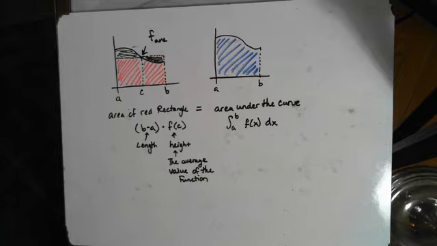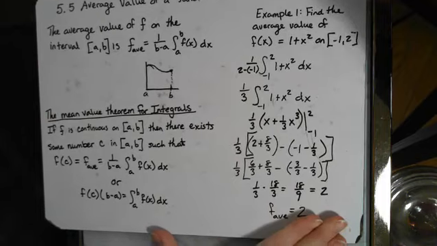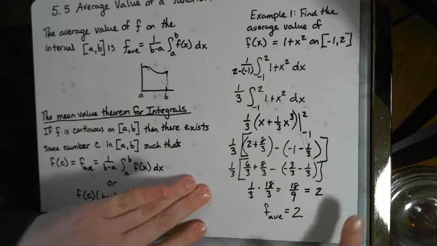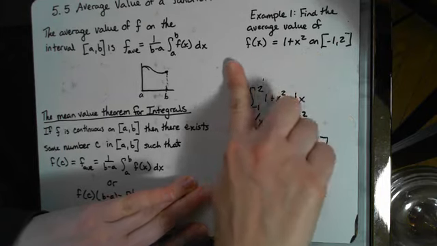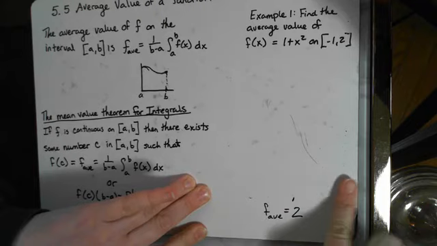So let's take a look at example 2. Let me bring back my example 1 here. I'm going to note that the average value was 2, and we're going to do the mean value theorem for integrals based on this previous question.